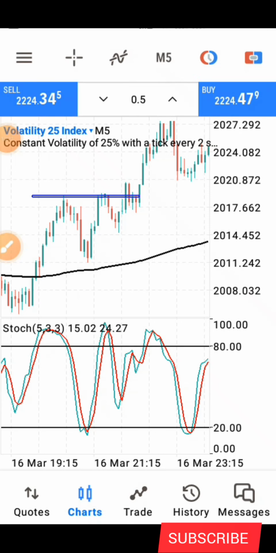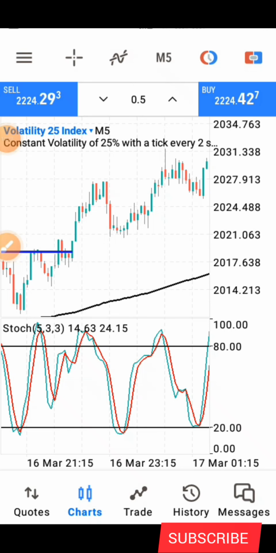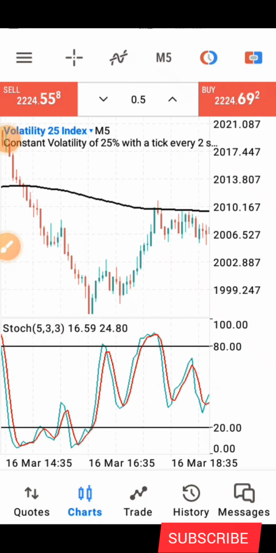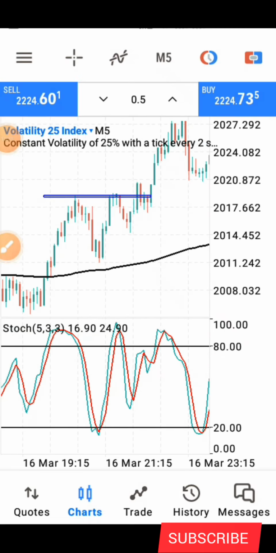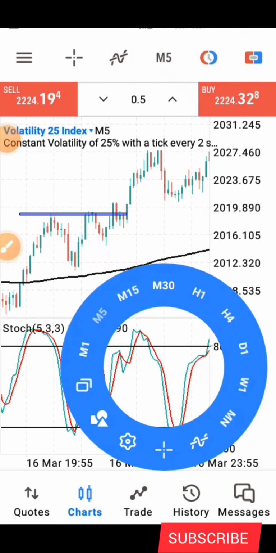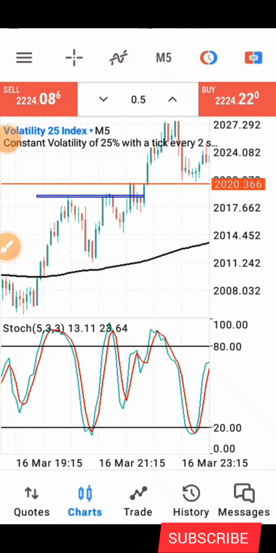And now for the TP, that one is now up to you. All right, but to be safer, you are going to aim for the most recent structure of the market. All right, so let me use our horizontal line here to mark this area out. This is the area of entry here, and this is the area for our TP.